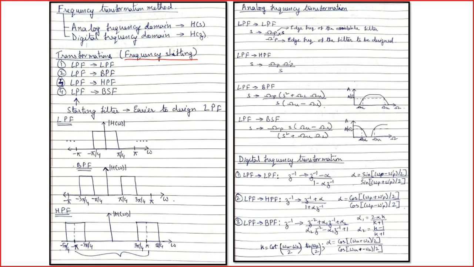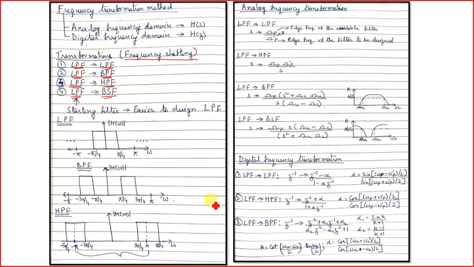The frequency shifting can be done in these four processes: low pass filter to low pass filter, low pass filter to band pass filter, low pass filter to high pass filter, and low pass filter to band stop filter.